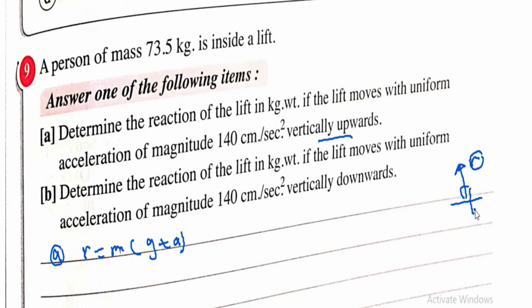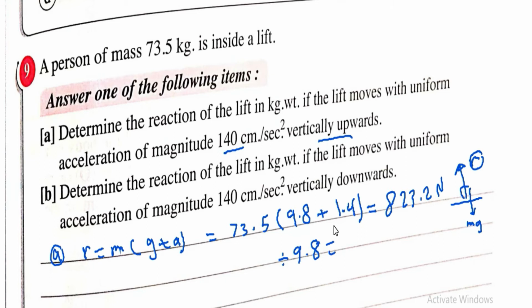Therefore, M is 73.5 kilogram, g is 9.8, acceleration 140 centimeter per second squared means 1.4 meter per second squared. R equals 823.2 Newton, divided by 9.8, equals 84 kilogram weight.